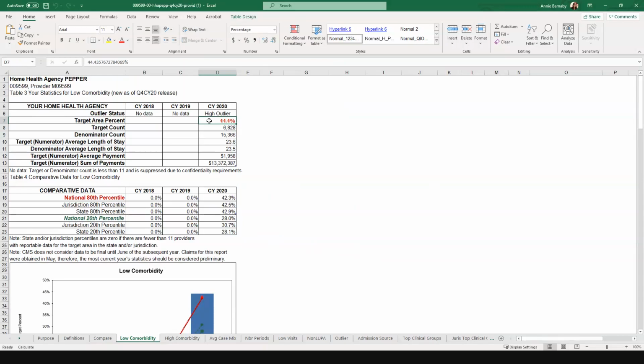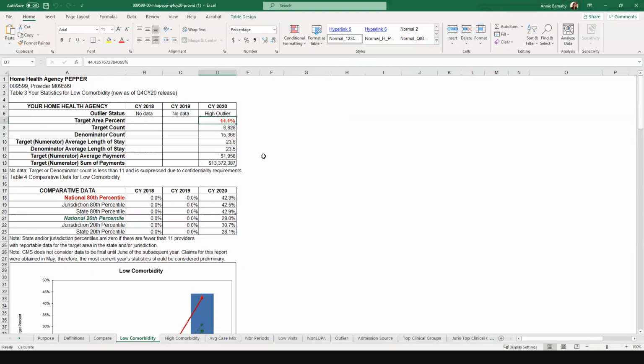And you can take a look at, again, where you fare according to where you fall on that ladder. We listed those target area percents, these outcomes, and remember, in highest to lowest order on that ladder. And we drew that line below which 80% of the HHA outcomes fell.